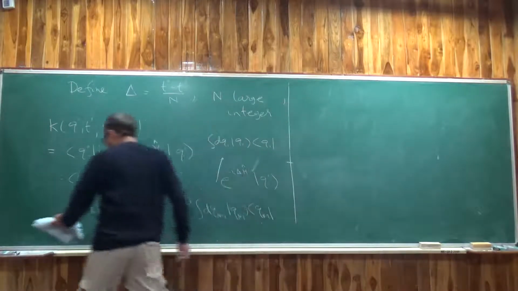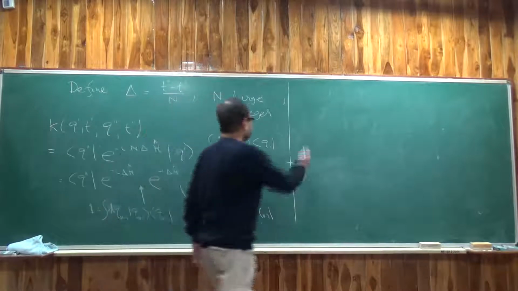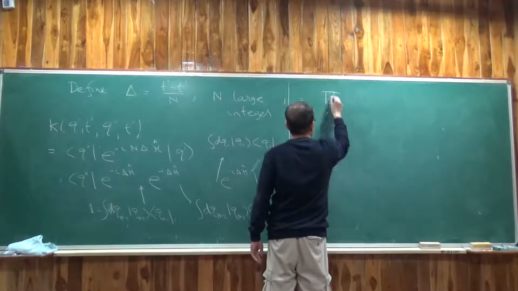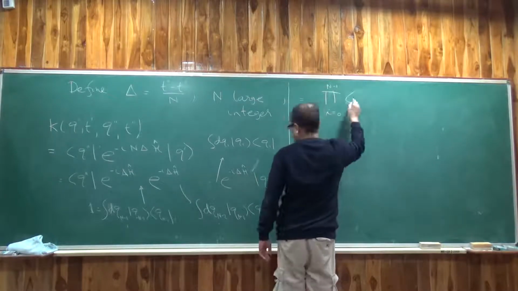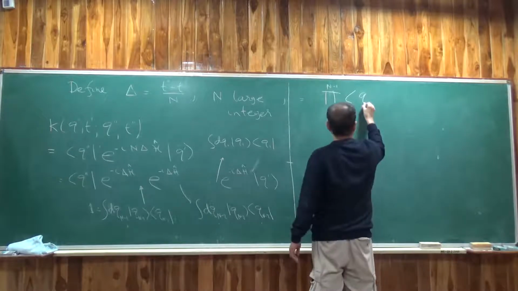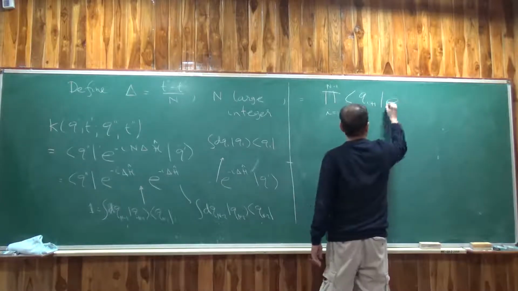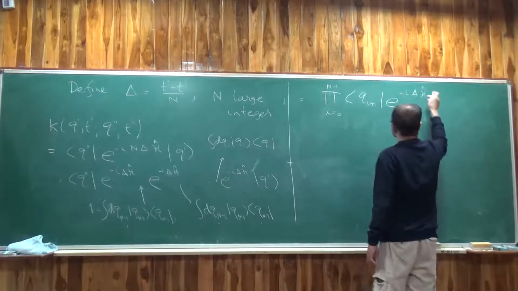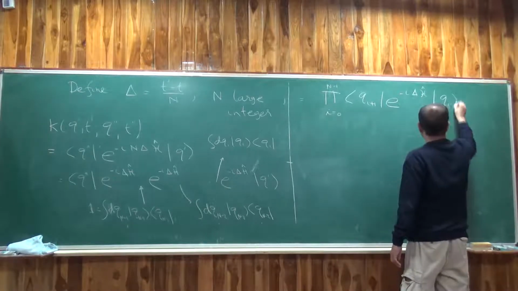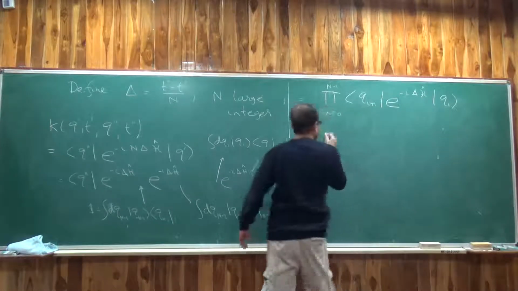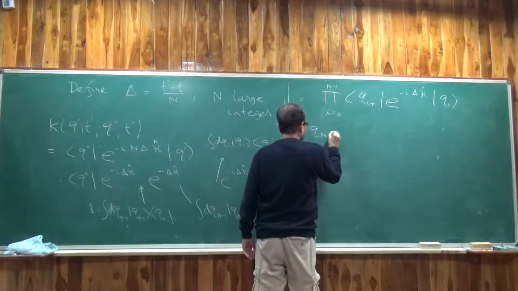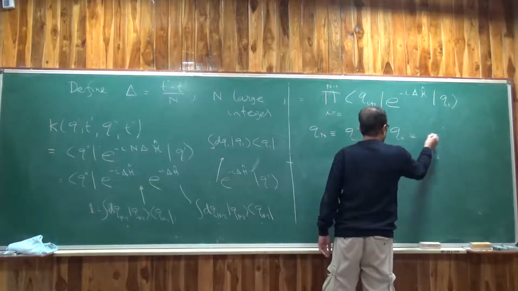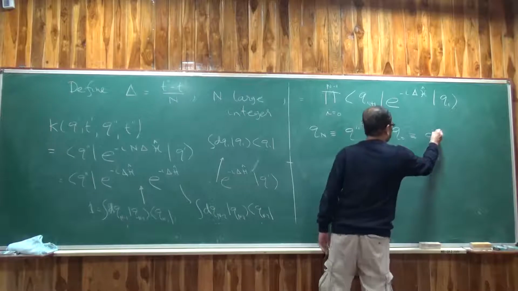So this product I can write as the product, say i equal to 0 to n minus 1, with the understanding that Qn is by definition Q double prime and Q0 by definition is Q prime.